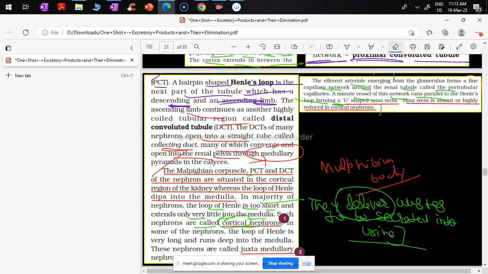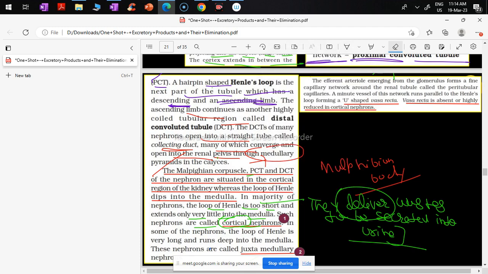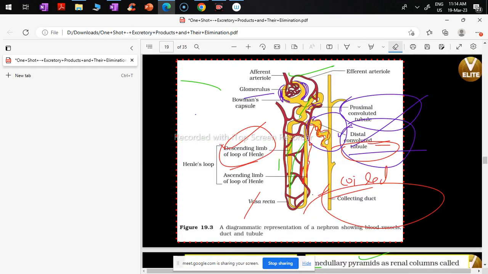Important. See, a minute vessel of this complete network. Which network? Network of peritubular capillaries. So a minute vessel of this complete network of peritubular capillaries runs parallel to the Henle's loop, and forms the U-shaped vasa recta. Can you see in this diagram?